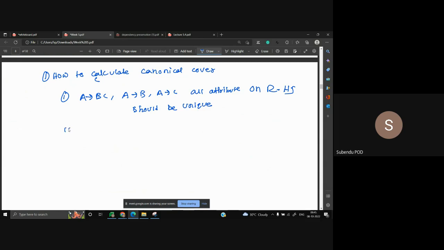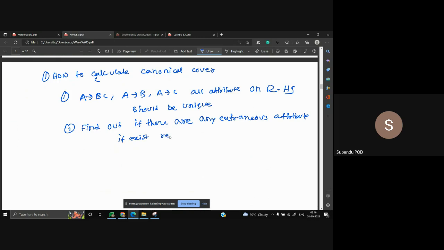And the second step is to find out if there are any extraneous attributes or not. If there exists an extraneous attribute, then remove it.